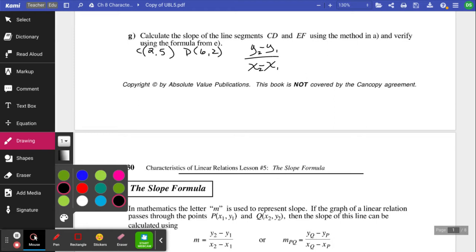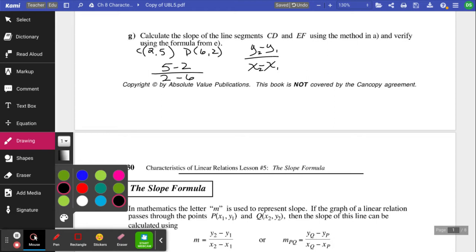If you want to start with the first y and subtract the second, like we just did, we went 5 take away 2, and then you want to do the bottom. If you're starting with this 5 in this coordinate, then you have to start with the x value there. You just have to start with the same coordinate each time on the top and the bottom.